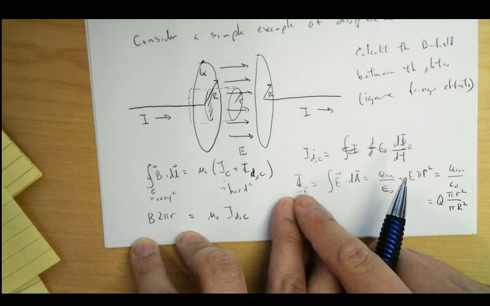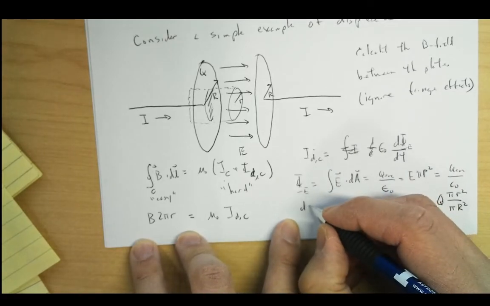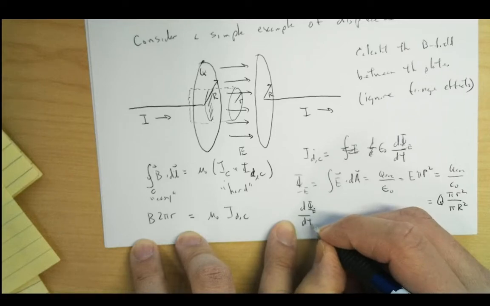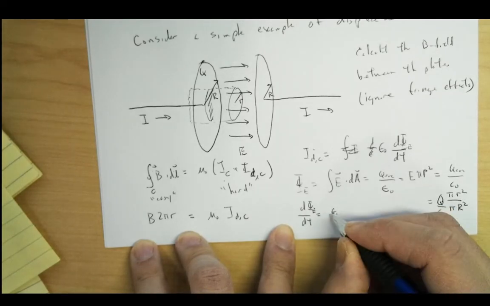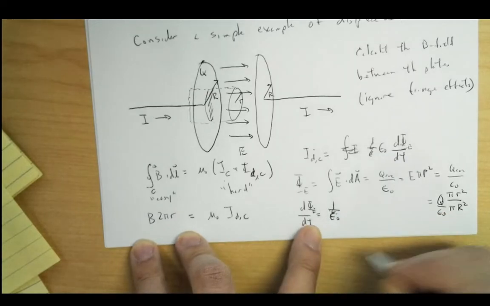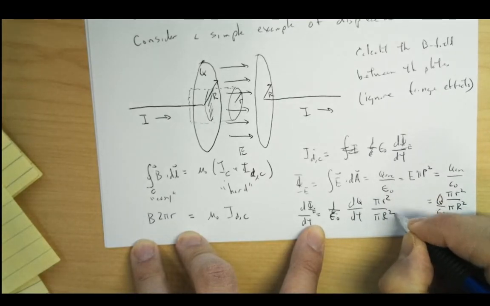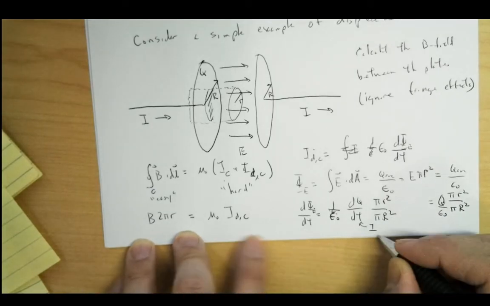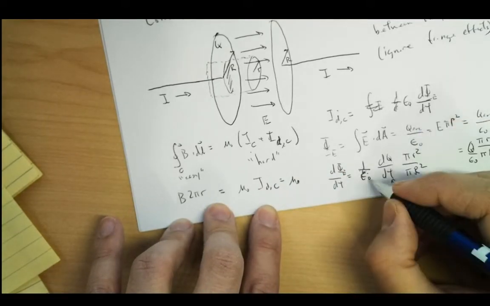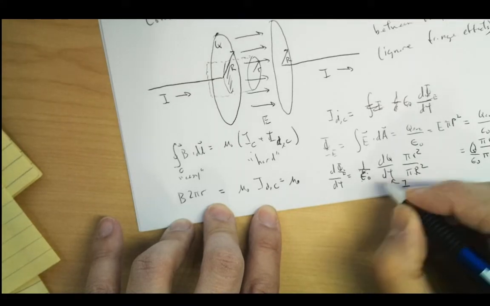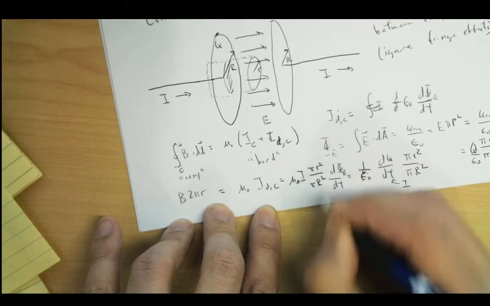This is phi sub E, and I need to take d by dt of phi sub E. That's 1 over epsilon 0 times dQ/dt times pi r squared over pi capital R squared, and dQ/dt is just I. So you plug this in, and mu 0 times epsilon 0 times 1 over epsilon 0 gives you just mu 0 times I times pi r squared over pi capital R squared.